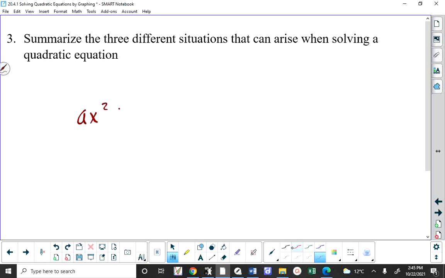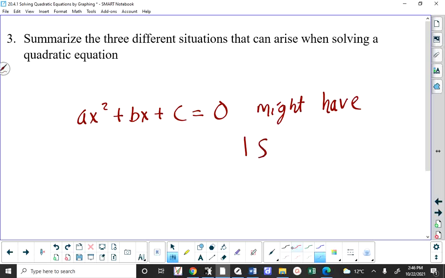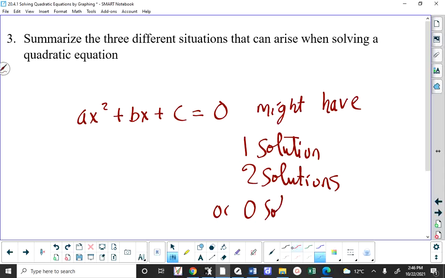So, this is the point of this question. ax squared plus bx plus c equals 0 might have 1 solution or root, 2 solutions, or 0 solutions. And there's a way for you to tell that by looking at the equation, but you don't know what that way is yet.